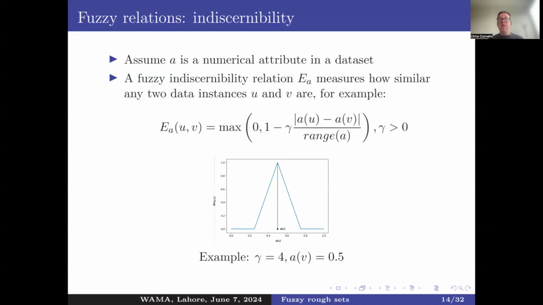So the two objects will be totally discernible. And the slope of the triangle here can be controlled by means of this gamma parameter.